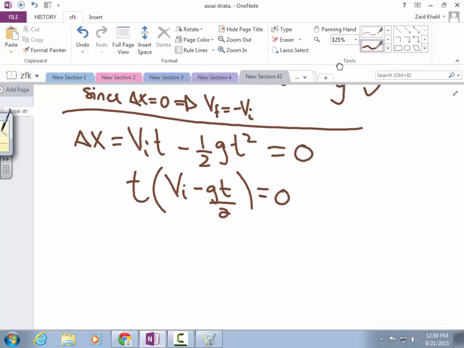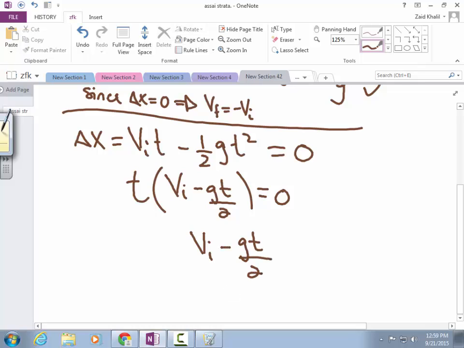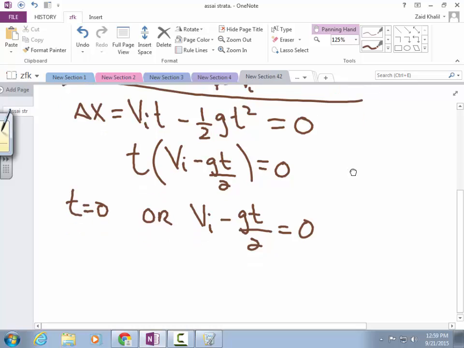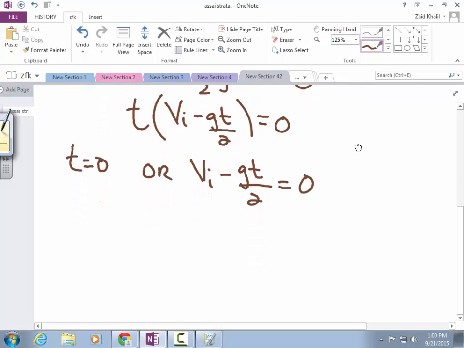What does this imply? What are your two solutions? vi minus gt over 2 equals 0, or t equals 0. I'll get back to this in a second. Solve for t here. What do you get? Anyone?